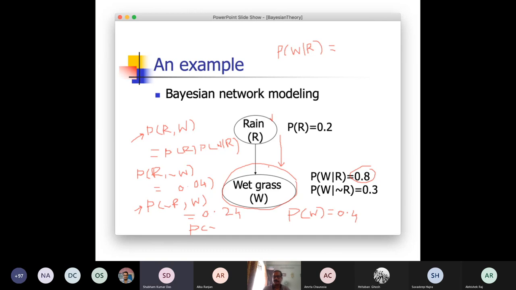The probability of R given W is the probability of W given R into the probability of R, divided by the probability of W. The same Bayes theorem you can use.